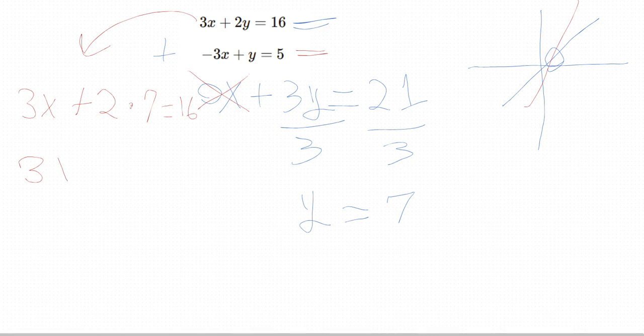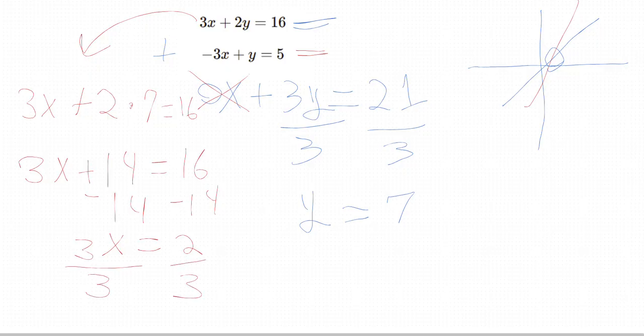Okay, and we can rewrite that as 3x plus 14, because we multiplied 2 times 7. We can subtract 14 from both sides, and we get 3x equals 2. We divide by 3 on both sides, and we get x equals 2/3.